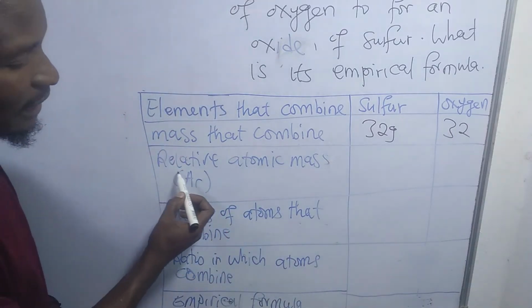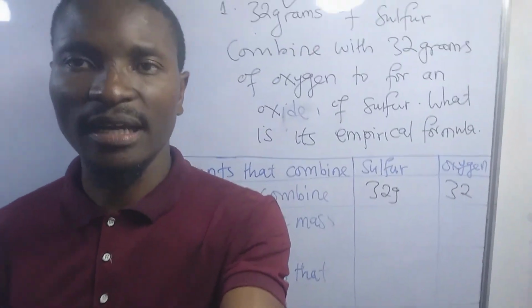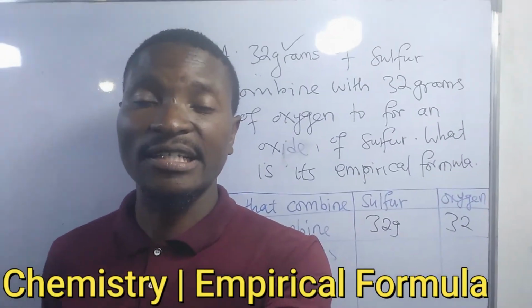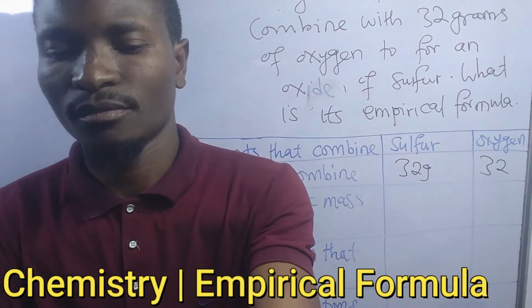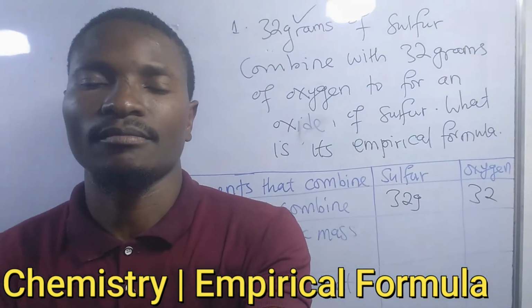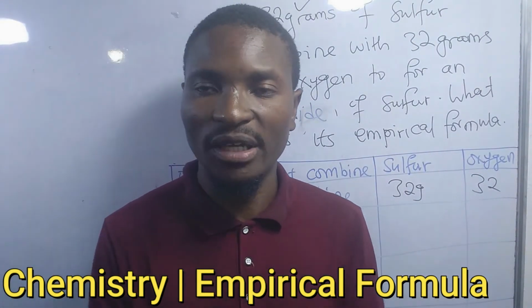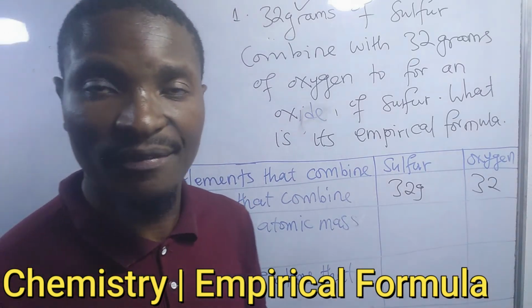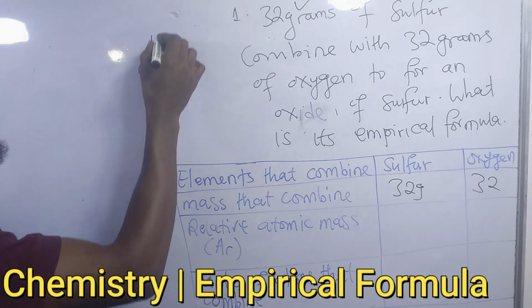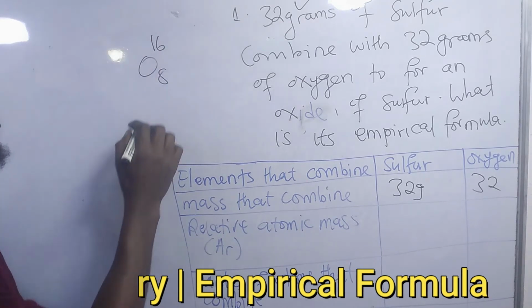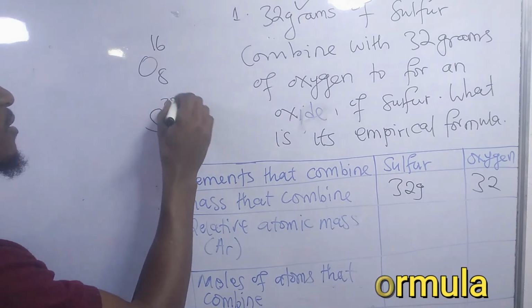And then relative atomic mass. When you get the periodic table, you discover that oxygen has 16 and 8, and sulfur has 32.